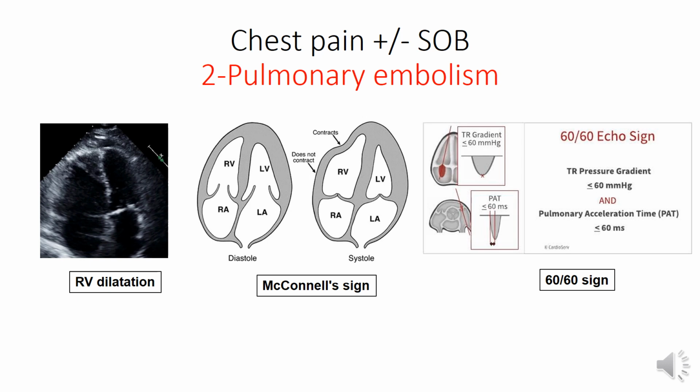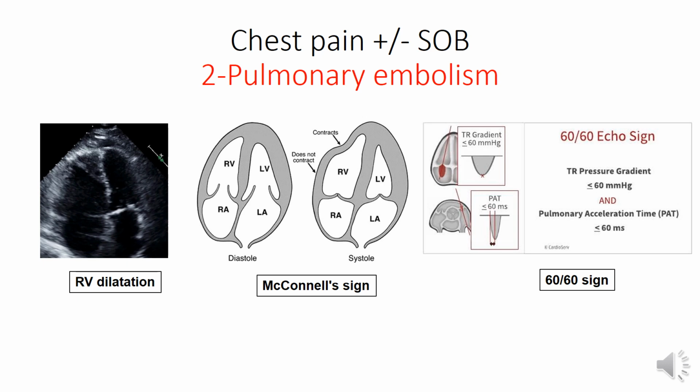Third sign is what's called the 60-60 sign. Starting with the pathophysiological background of what happens when we have a large pulmonary embolus. It causes, as we said before, a significant rise in the afterload of the ventricle.